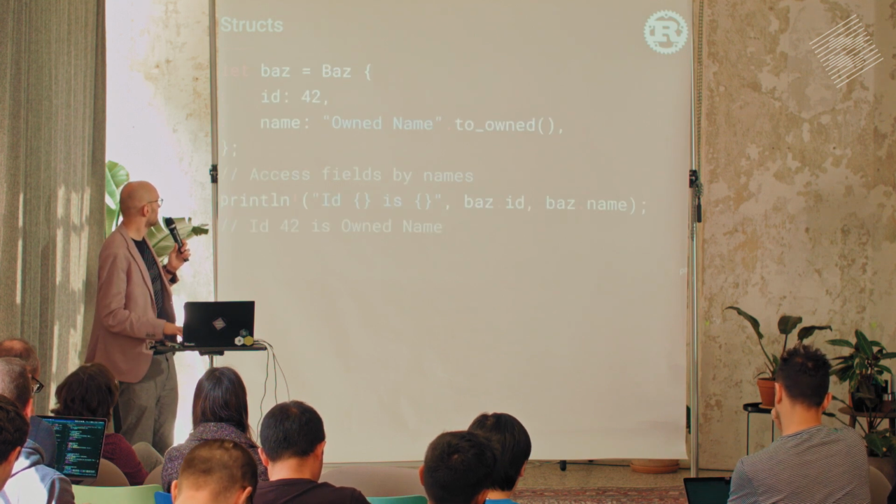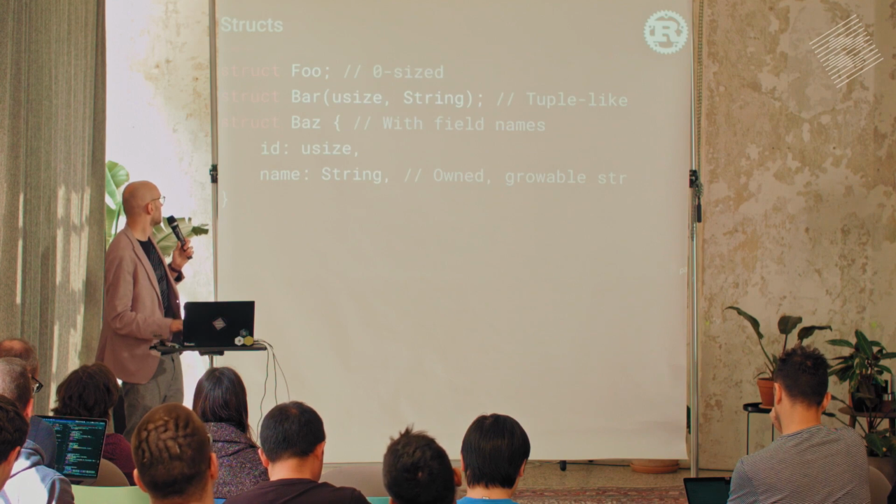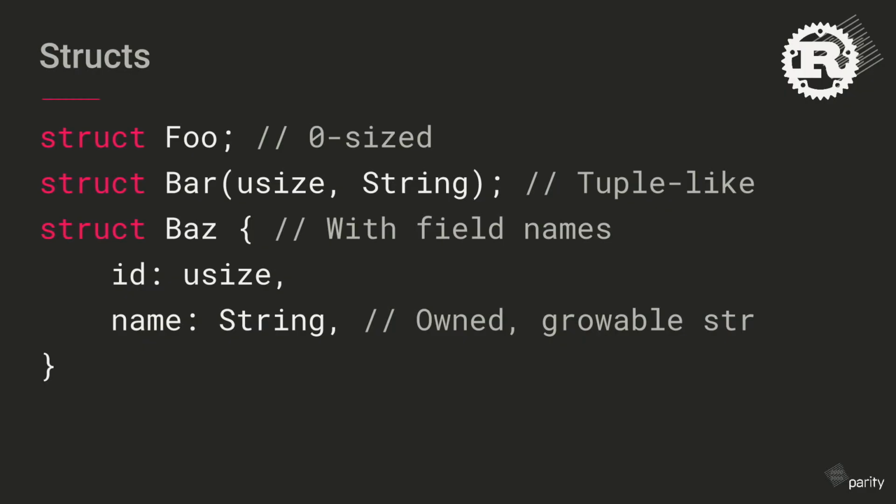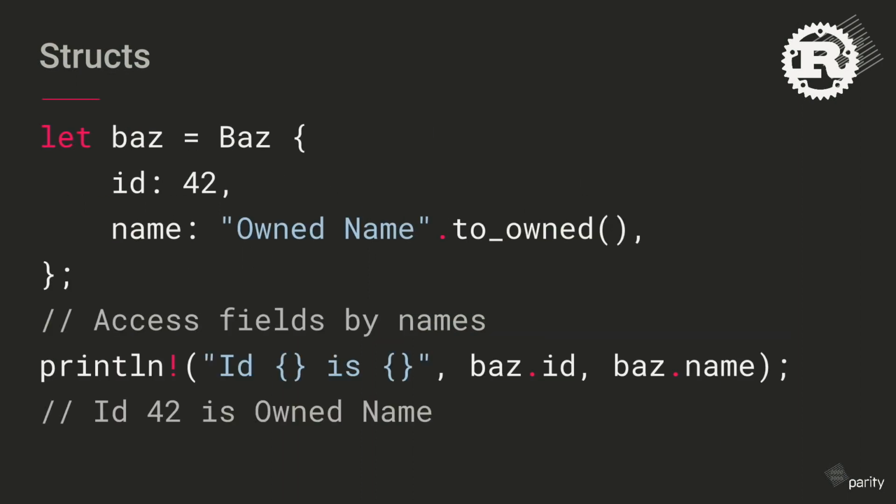So here I have this example of the struct Buzz, which has an ID, which is a usize, and a name, which is a string. You create an instance of a struct this way. You write the name of the struct, put the field names if you have them, and then give them values.